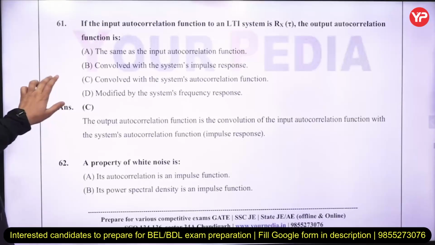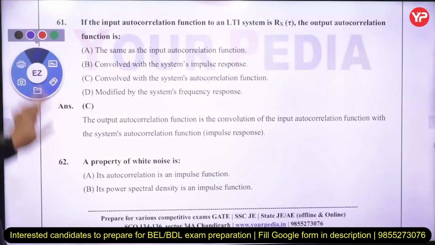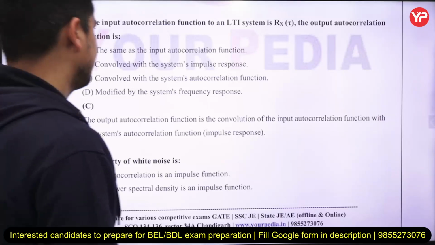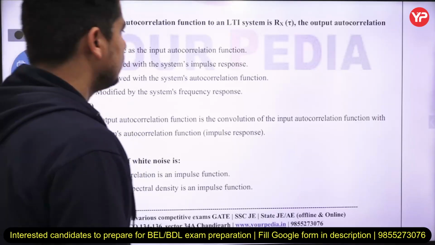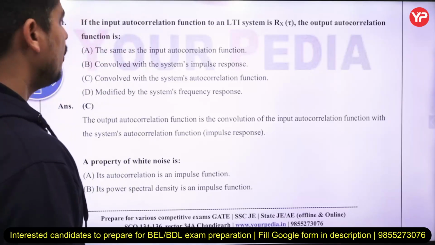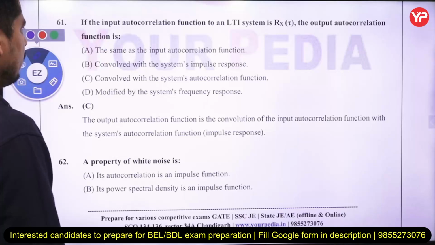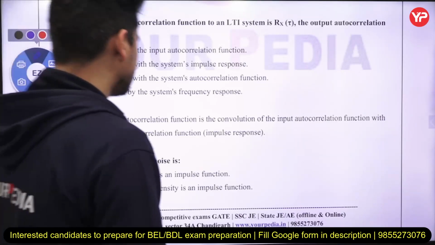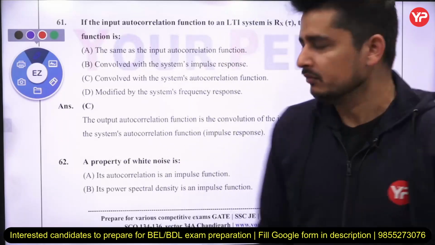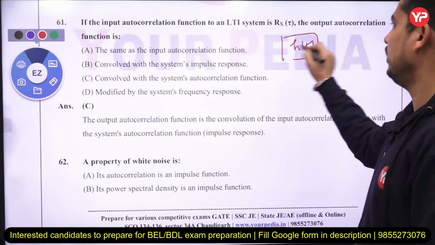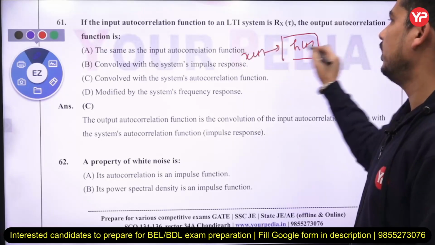If the input autocorrelation function of an LTI system is Rx(tau), the output autocorrelation function is what? Basically you have a system h(t), input is x(t), output is y(t).